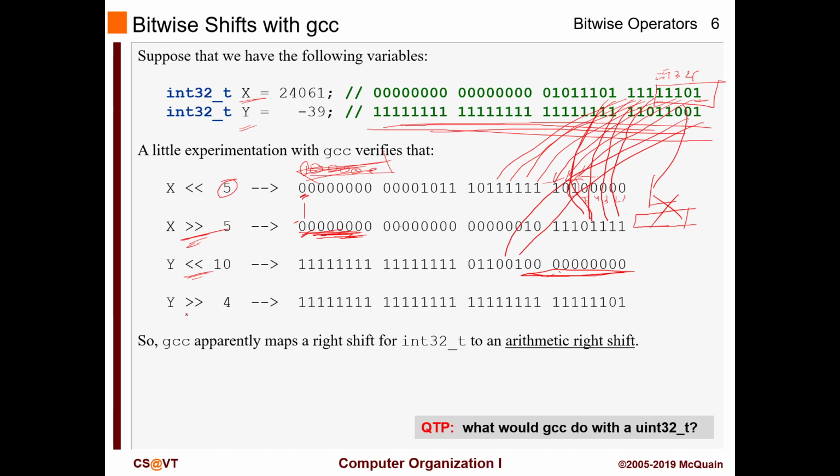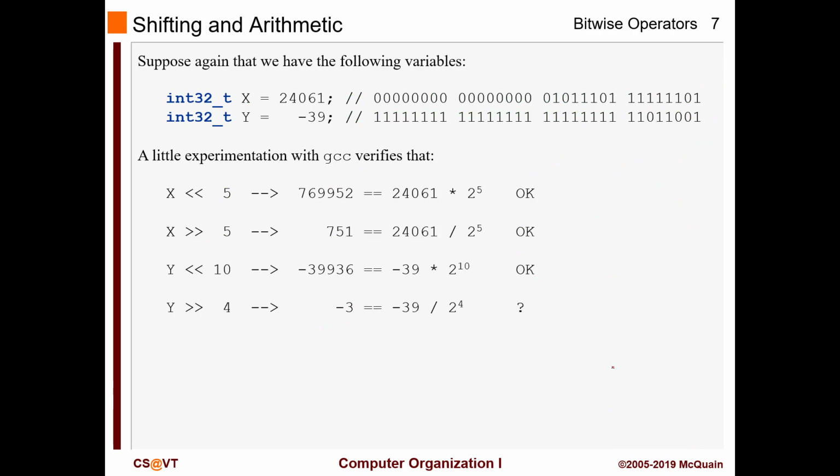And if you try to right shift it by 4, these 4 digits are going to be lost, and over here, as you can see, they are padded by 1. So what happens in case of UN32? Well, you can give it a try by yourself.